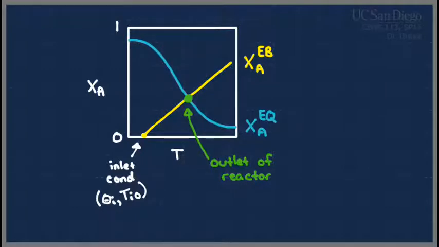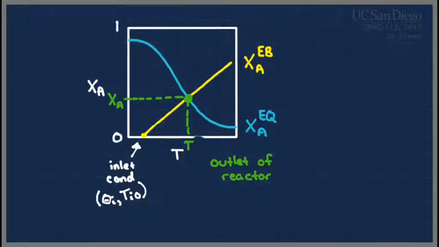is if you don't get enough conversion in a single reactor. So for example, if this conversion that we've got here is the actual conversion that you get of A, i.e. the solution of A, and the temperature that you have coming out down here is the actual outlet temperature of your reactor.